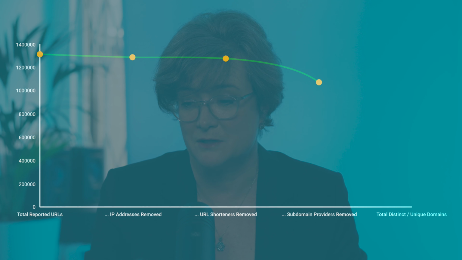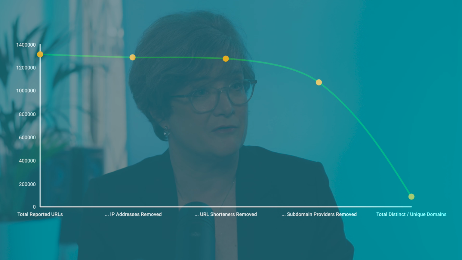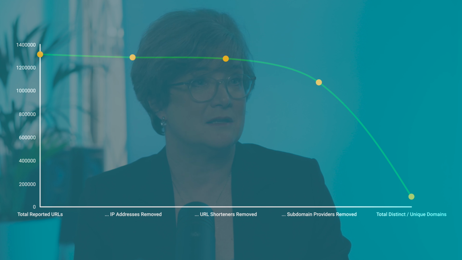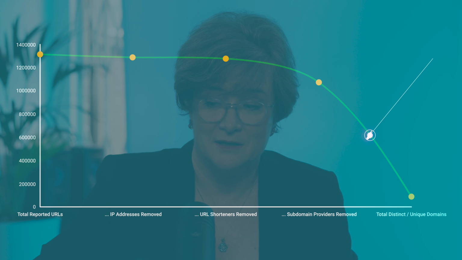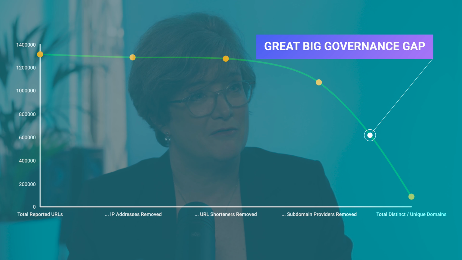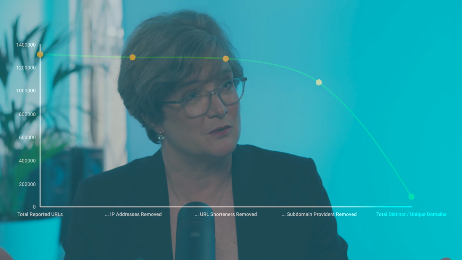If you take those out of the picture, which is what the DNS industry advocates, the numbers fall off a cliff. And what you're then able to say is the number of fully qualified domain names involved in criminality is very, very low. However, what you have here is a great big governance gap, because who is responsible for the governance of abuse on subdomains?